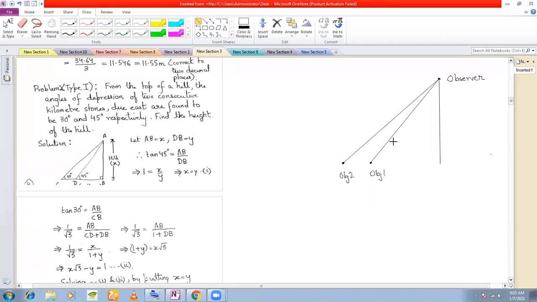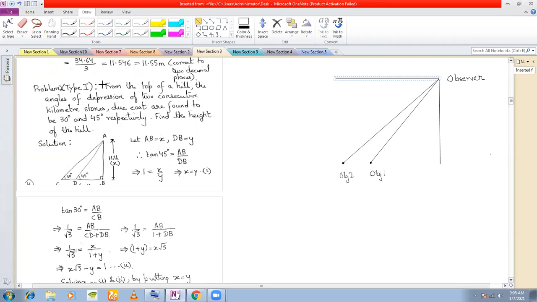When he's observing these two stones, he finds that the angles of depression of these 2 kilometer stones are 30° and 45°. What is the angle of depression? From the definition, we know that the angle of depression is the angle that the line of sight makes with the horizontal. You draw a horizontal line here.